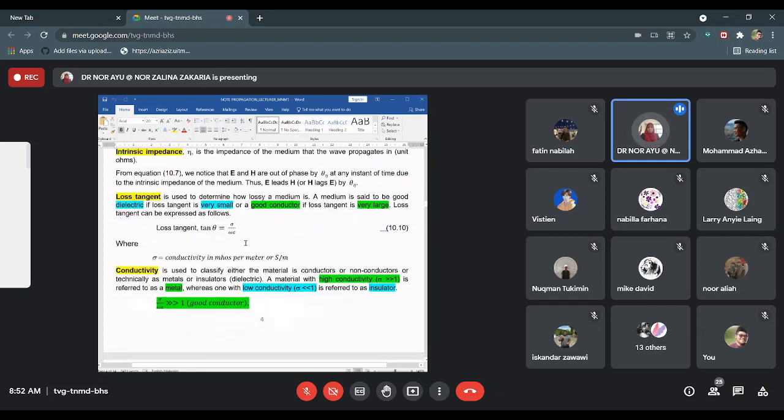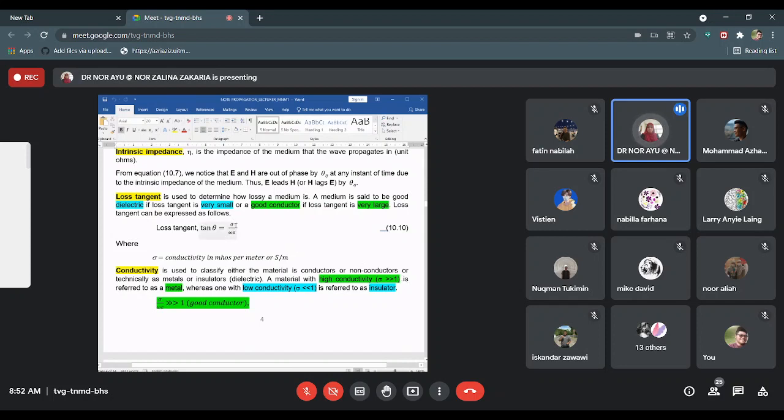We have another one, the loss tangent. This loss tangent is used to determine whether your lossy medium is a lossy dielectric or a good conductor. It is high conductivity, or a good conductor, when the value of the loss tangent is larger than 1.